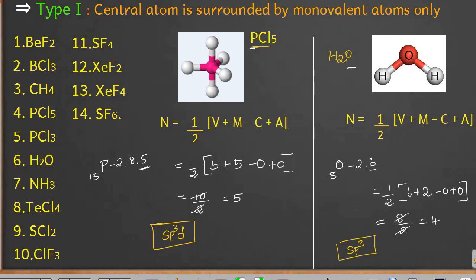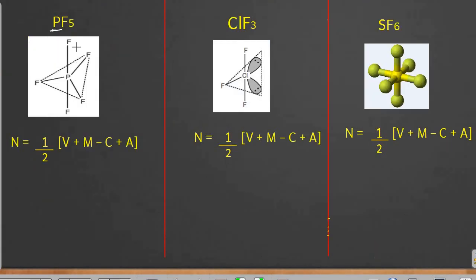Let's move to the next molecule, phosphorus pentafluoride. P stands for phosphorus, atomic number 15, electronic configuration 2, 8, 5.